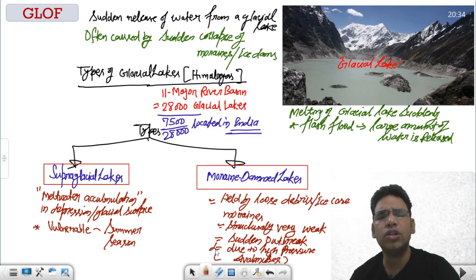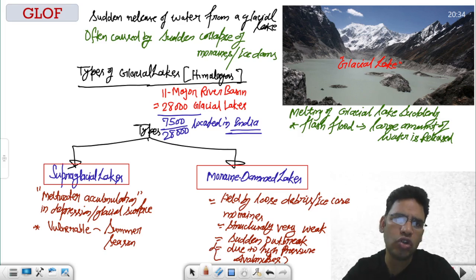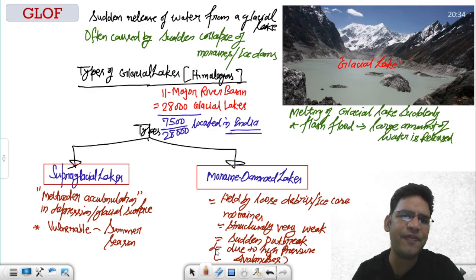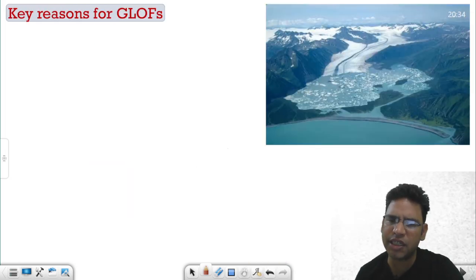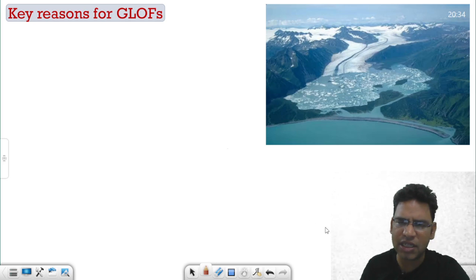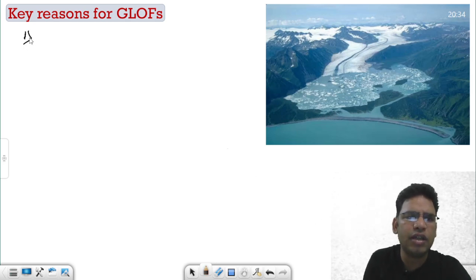Okay, so we should also know what are the major key factors for these kind of events, GLOF events, and I am just highlighting one after another. There are many reasons.